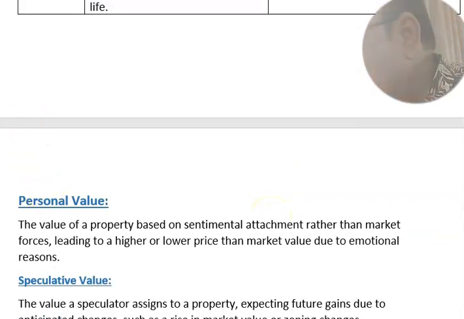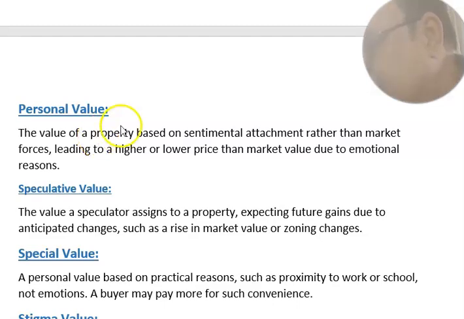Now we will go to personal value. Personal value is the value of a property based on sentimental attachment rather than market forces, leading to a higher or lower price than market value due to emotional reasons. That is called personal value, and sometimes also sentimental value. You have seen the Amitabh Bachchan Deewar picture. He buys the property.